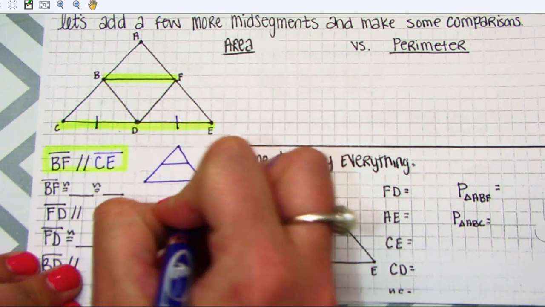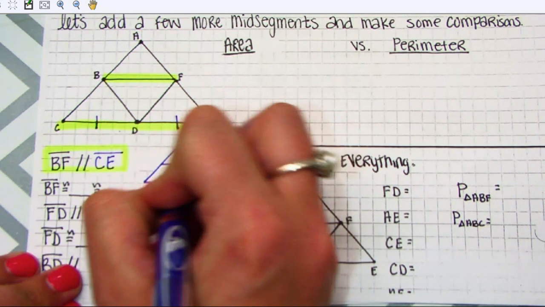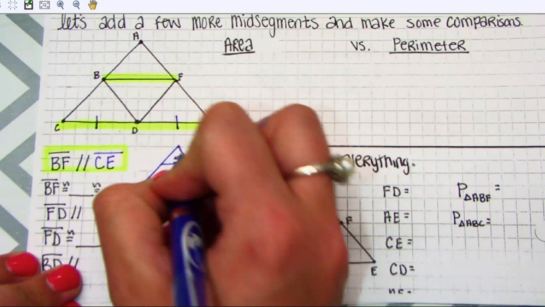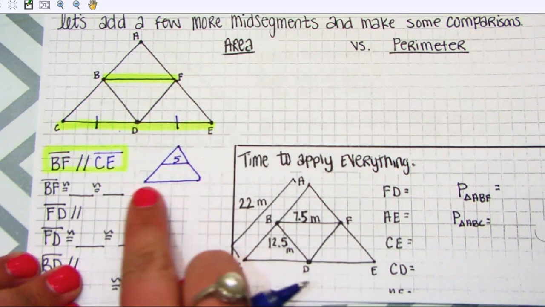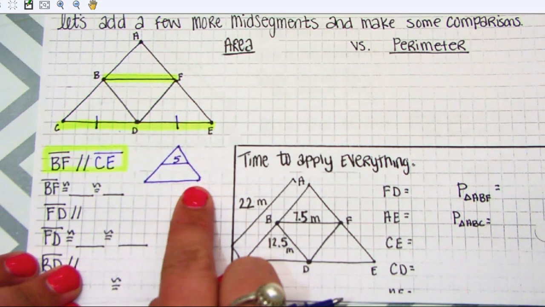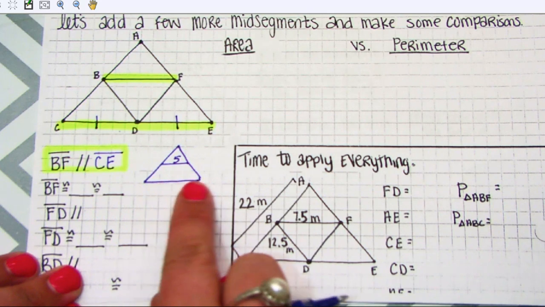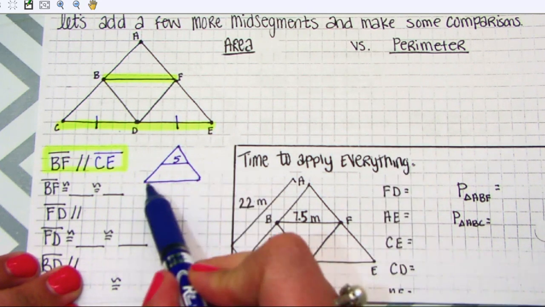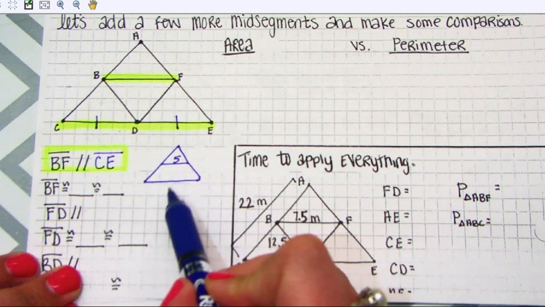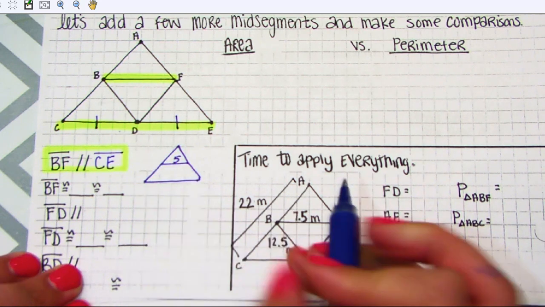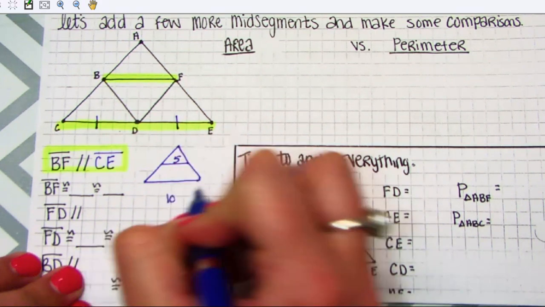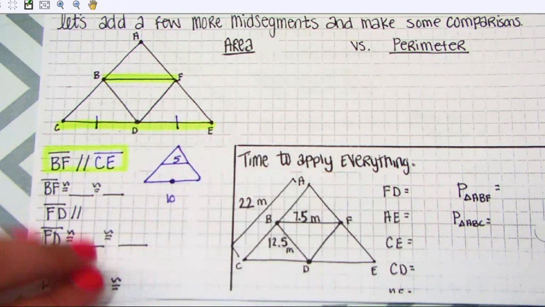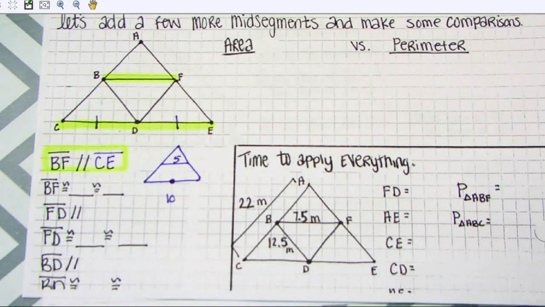All right, so let's say that this is, again, we'll say 5. How long is this segment? The whole thing. How long is this big one? This is our mid segment. How long is all of it? Okay. 10. Now what if I put a midpoint in there? 5 and 5.